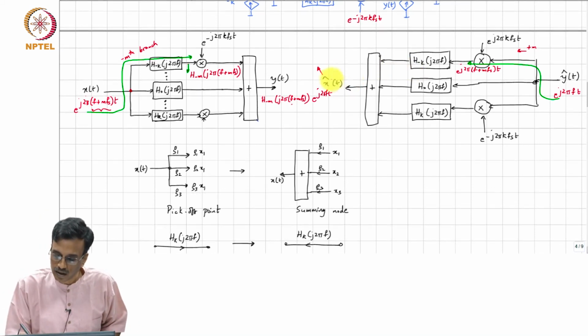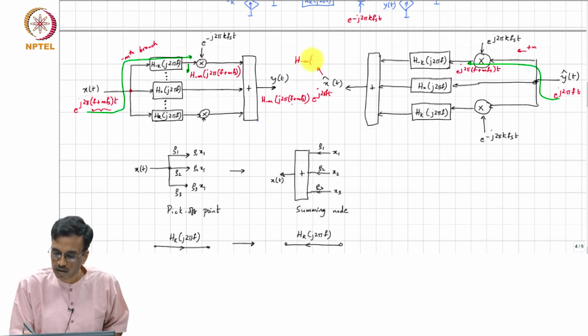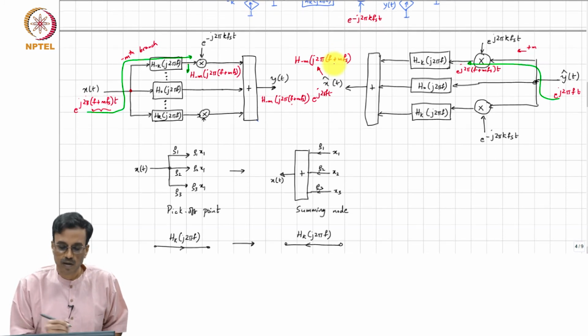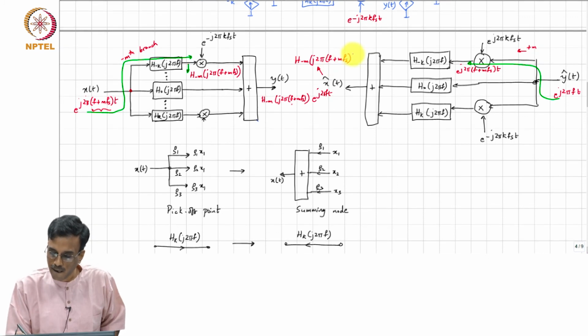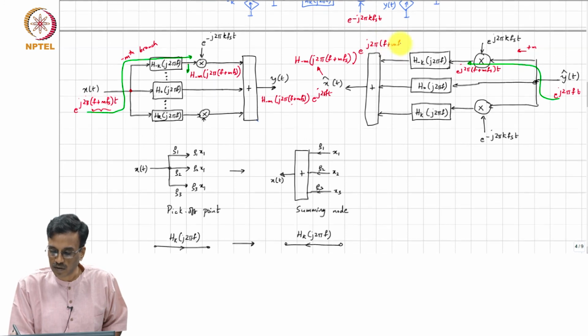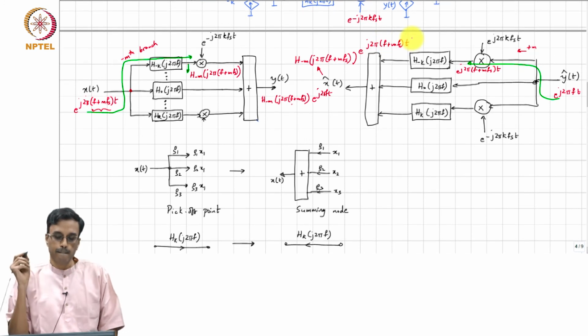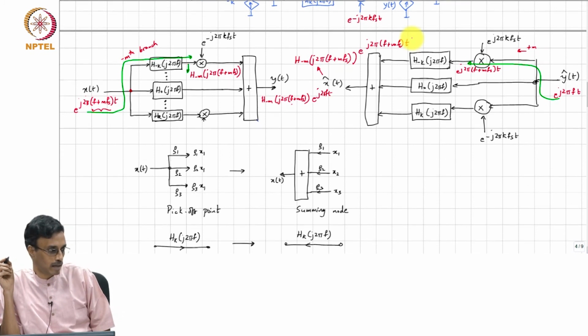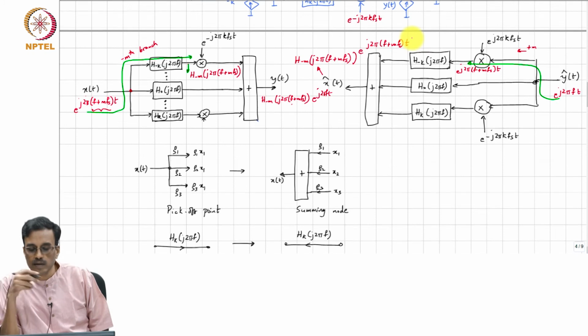So, what you get here will simply be h minus m of j 2 pi f plus m f s times e to the j 2 pi f plus m f s times t. All right.